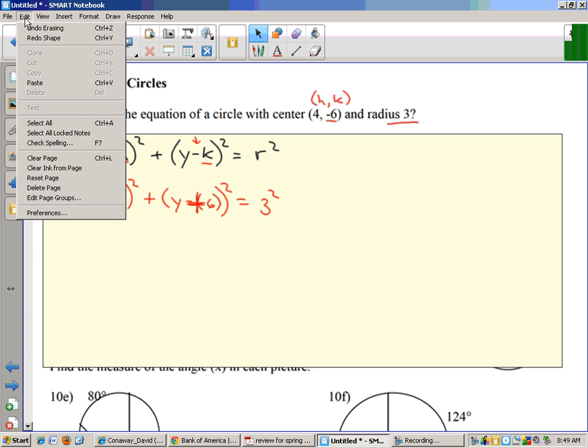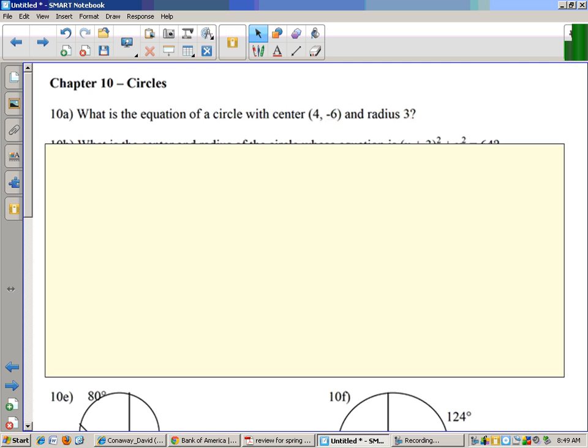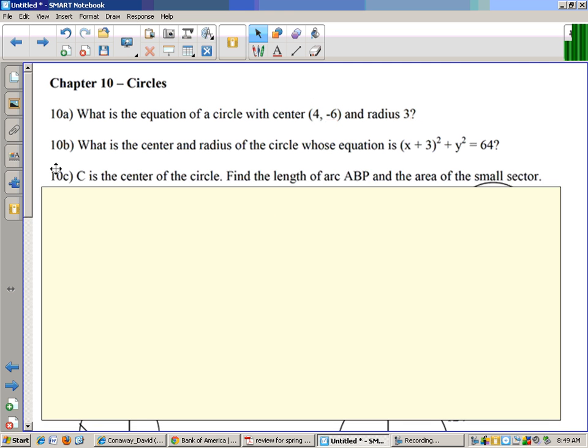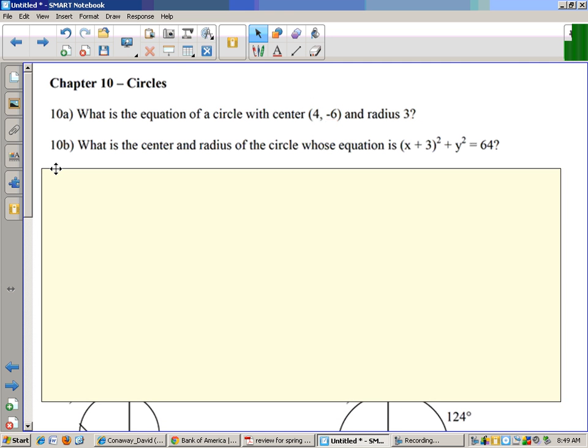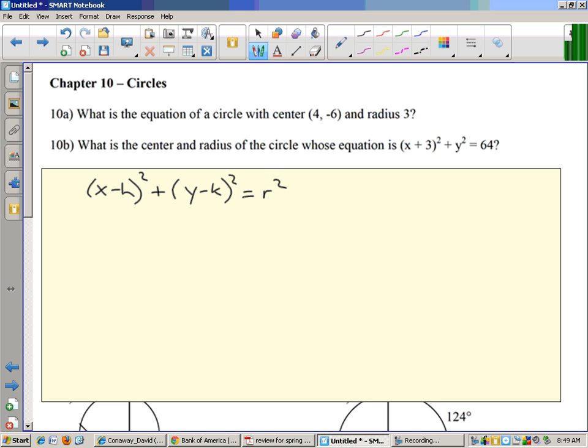All right, so 10. Let me clear the ink. It'll be online. What is the center and radius of the circle whose equation is (x plus 3) squared plus y squared equals 64? So I'm going to rewrite this: (x minus h) quantity squared plus (y minus k) quantity squared equals r squared.